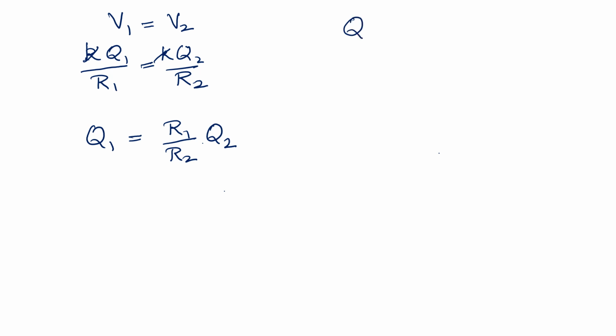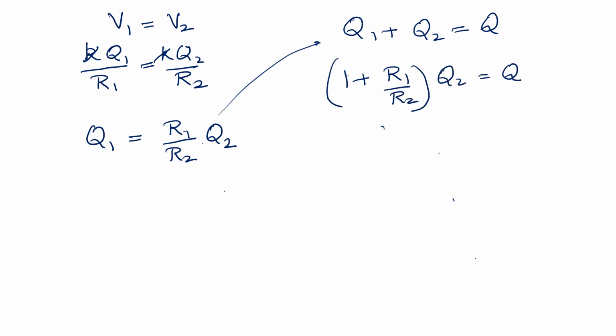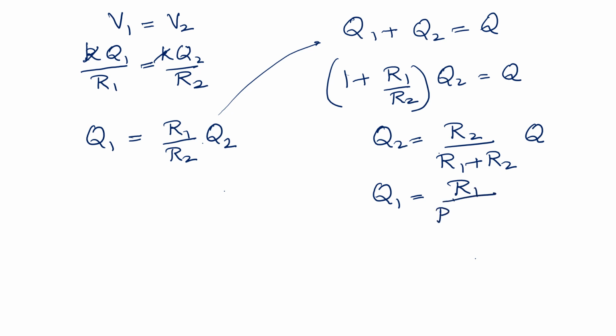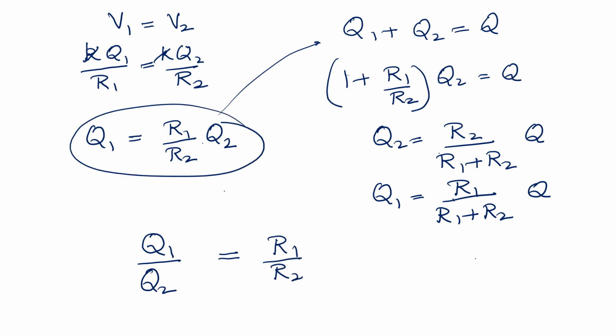And if you want, you can calculate Q1 plus Q2 is Q. If we substitute Q1 here, we would get 1 plus R1 by R2, times Q2, is equal to Q. Q2 is R2 by R1 plus R2, times Q, and Q1 must be R1 by R1 plus R2, times Q. If we look at the ratio of the charges, that ratio is going to be R1 by R2, as we can see directly from this term.